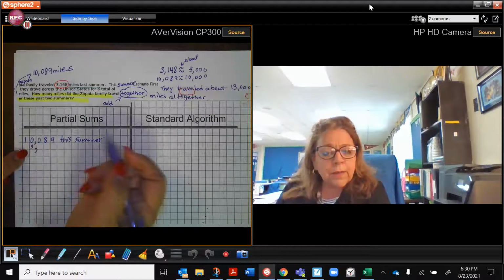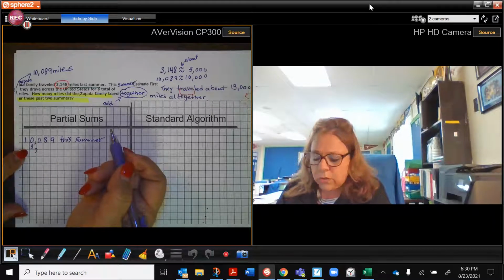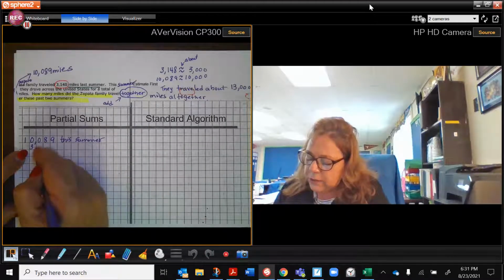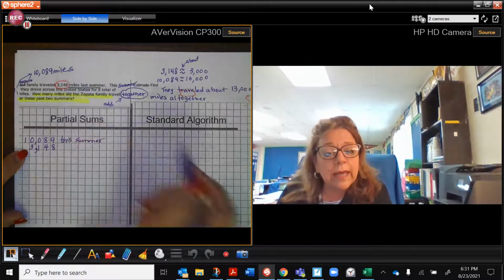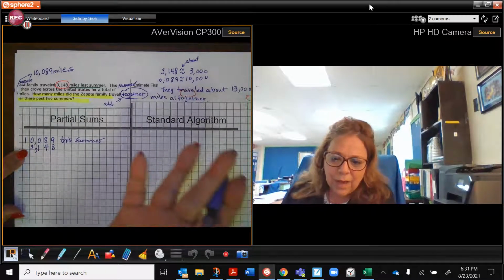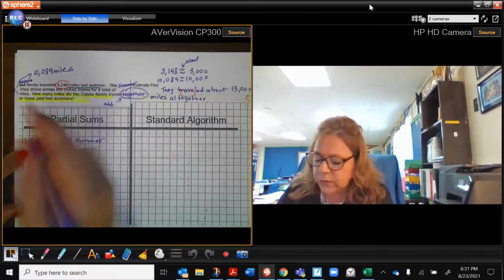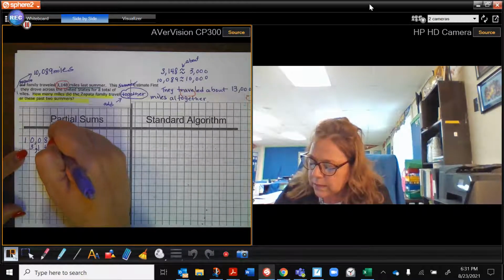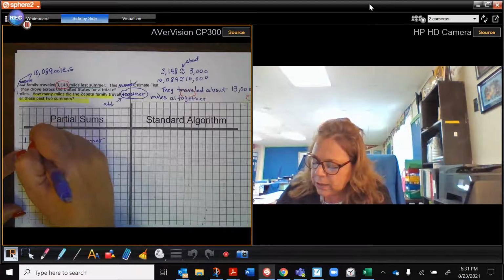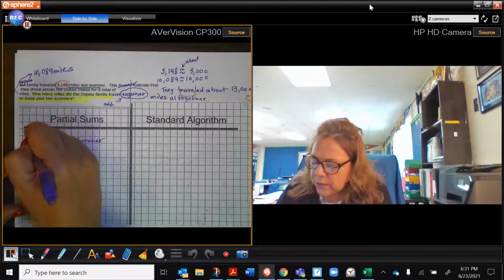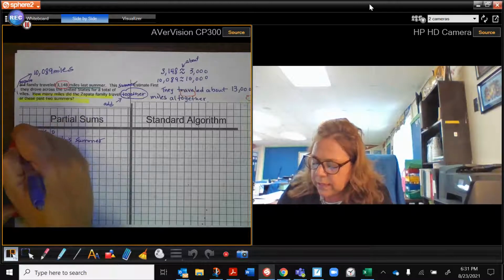I need to make sure I pay close attention to my place value. So it's 3,148. I'm going to go ahead and identify my place value houses. So this is ones, tens, hundreds. Here's starting in my thousands. So this is 1,000 and this is 10,000.